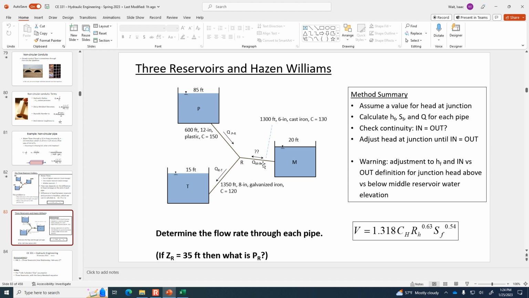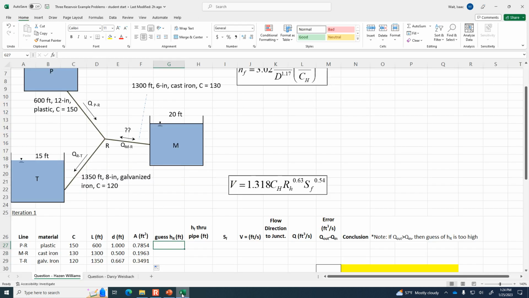And so that would be an impossibility. Your guess has to be below the highest reservoir and above the lowest reservoir. So our possible guesses can be anything beneath 85 and anything above 15. So I'm just going to guess as a starting point 50 feet. We'll analyze this situation based on a guess of 50 feet.